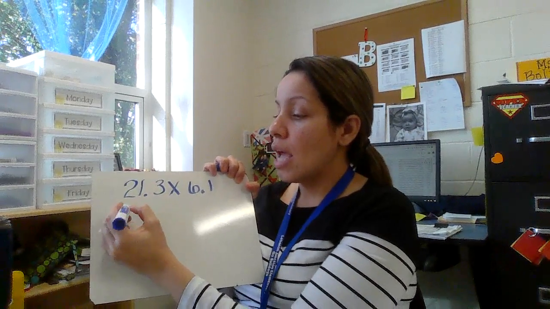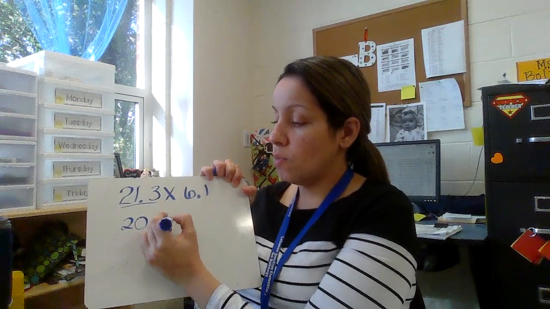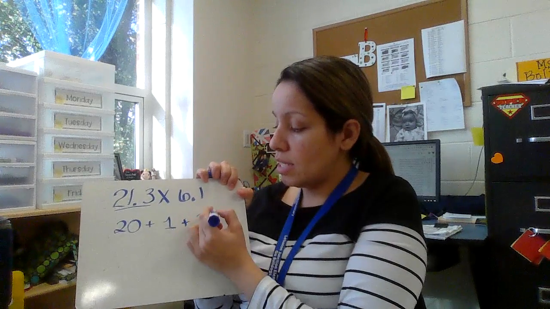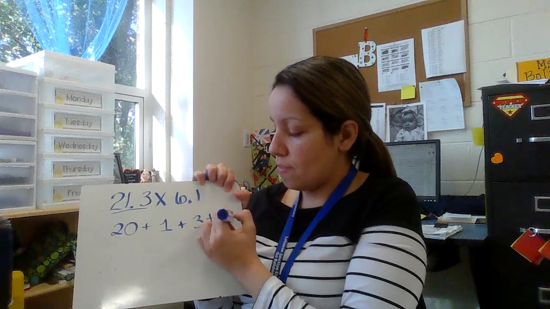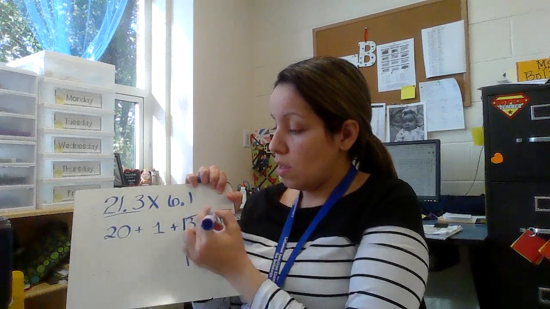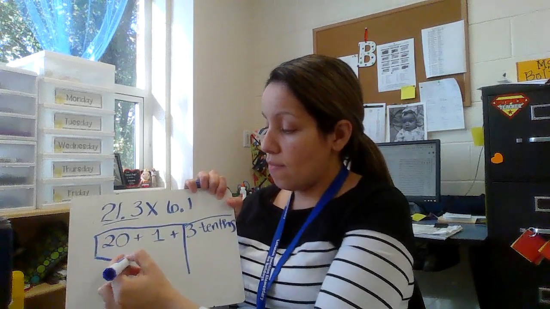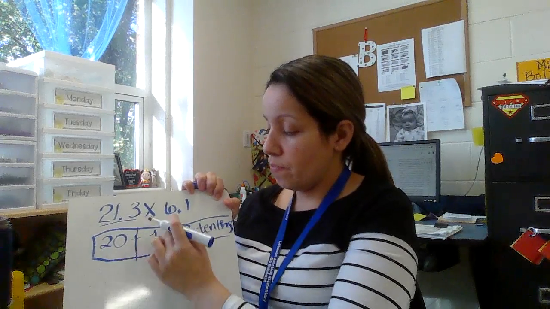So look at this. I'm going to break down this number. I'm going to say 20 plus 1, that's 21. And then I'm going to do 3/10. So my box will have this right here. Okay, 21 and 3/10.